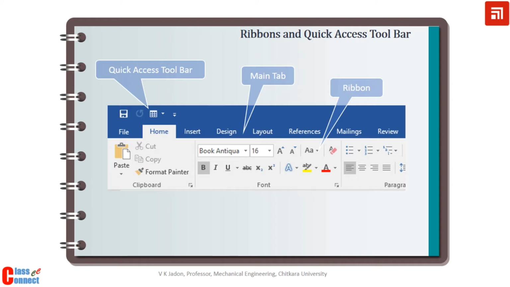Whenever we click any main tab, a ribbon opens, and in that ribbon we have many commands grouped together for that tab. So we will be discussing how to create our own tab and how to have our own shortcut keys. That will be our main focus.